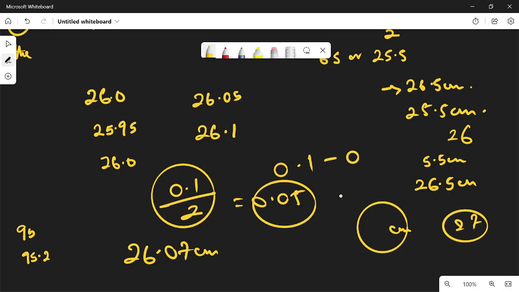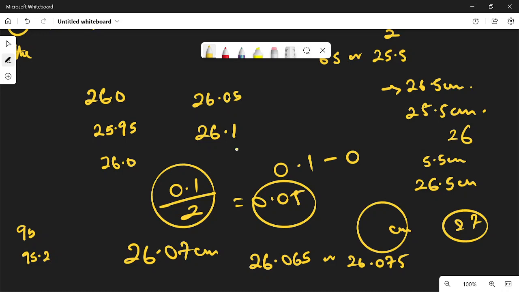My absolute error, since this one is 26.07, this can be written as either 26.065, or you can write it as 26.075.